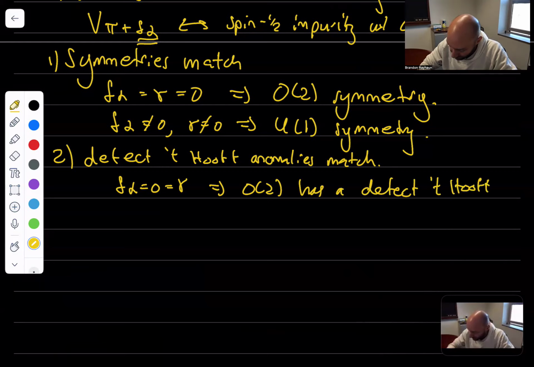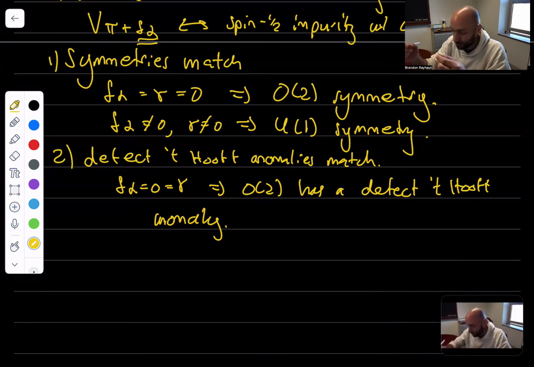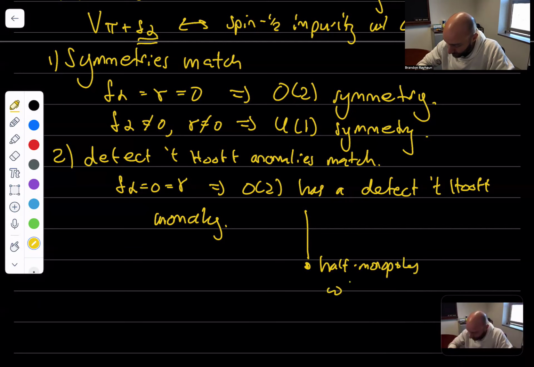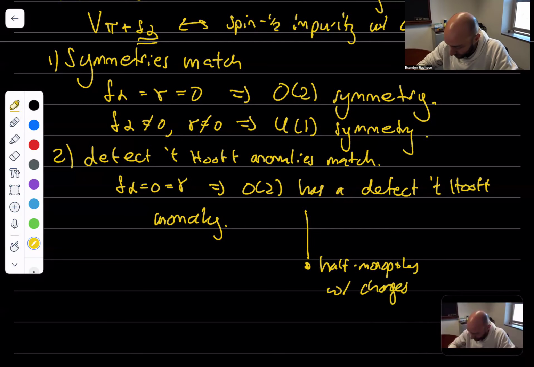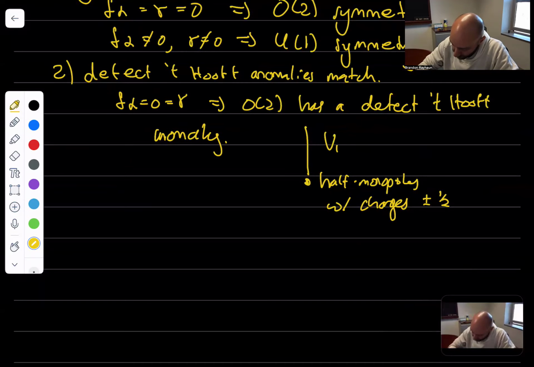So in particular, the endpoint operators of this vortex line or the spin impurity transform projectively under the O2 symmetry, and they're degenerate. You can see this degeneracy by noticing that the endpoint operators are like half monopoles with charges plus or minus 1/2 under the U1 magnetic symmetry in the case of the vortex line.